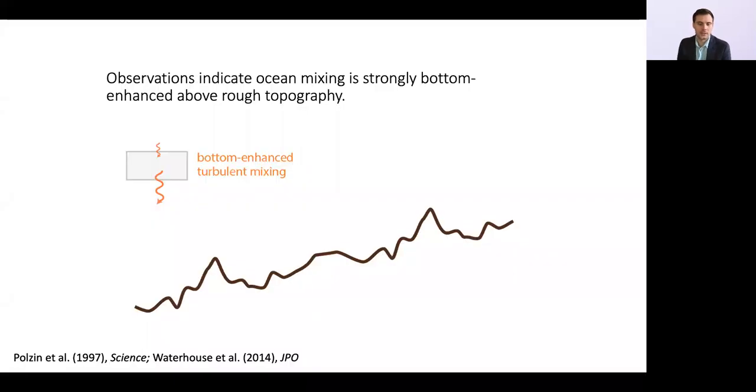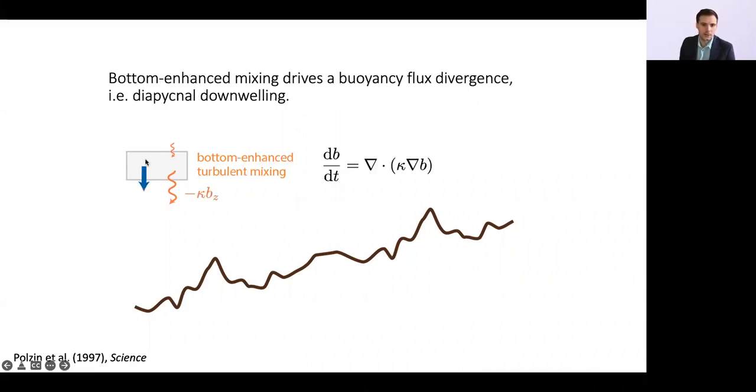And so the context I want to talk about this is the fact that in the deep ocean, observations show that ocean mixing is strongly bottom enhanced over rough topography. So if we think about a parcel of water like this, that is experiencing this bottom enhanced turbulent mixing, illustrated here by the turbulent buoyancy flux, we can think about how that affects a parcel by thinking about the buoyancy equation.